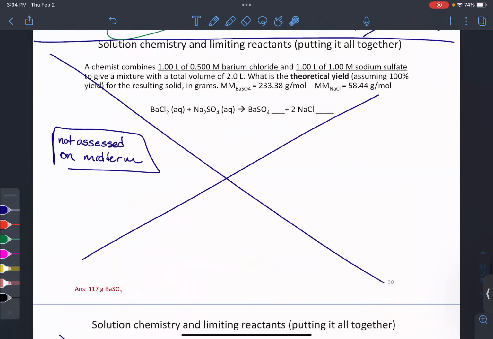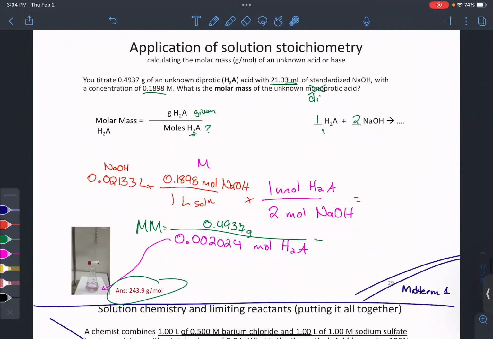I had a couple more slides down here, but I added them because I thought they were interesting, but they're not assessed on your midterm. And I did not assess you on these for your online homework either. So I'm not going to go over them. These topics ending right now is on midterm 1. So all of chapters 1 through 4 minus these last 2 slides.